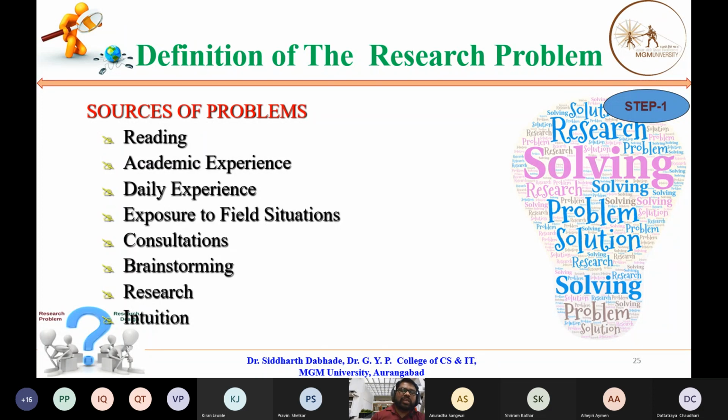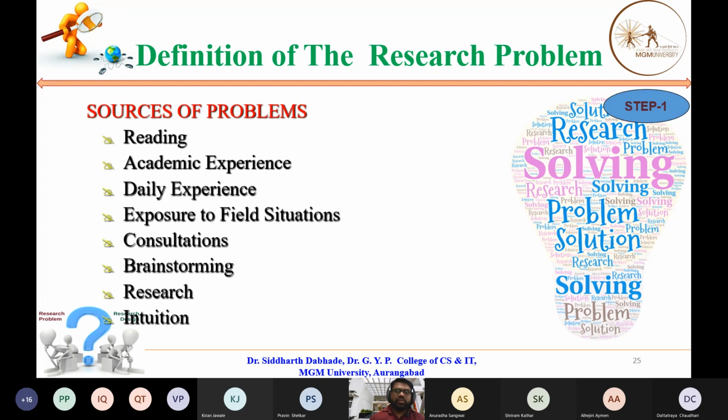So daily experience is required to find the specific problem. Then exposure to field situation. Sometimes a certain situation will be a different one, and immediately you need to find the solution for that particular situation. So the field situation is also important.